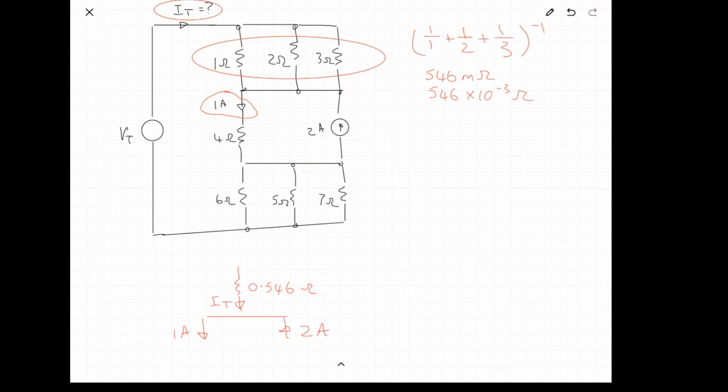And again, taking in and out, 0 equals positive 1 minus IT minus 2. IT equals minus 1 amp.